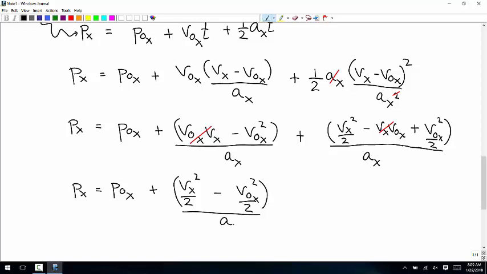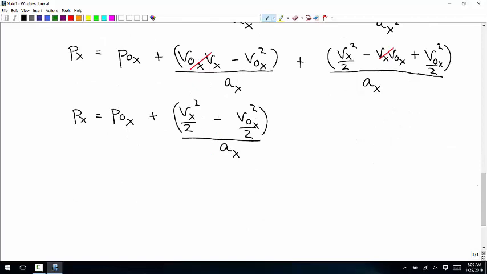That's equal to Ax. And now that's over Ax. And now it's just a matter of how you want it organized.